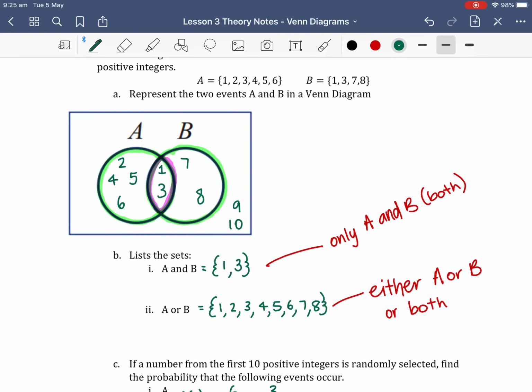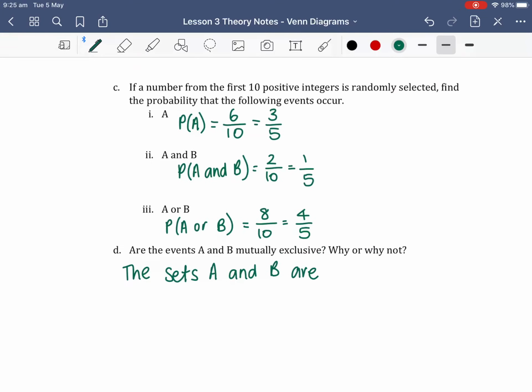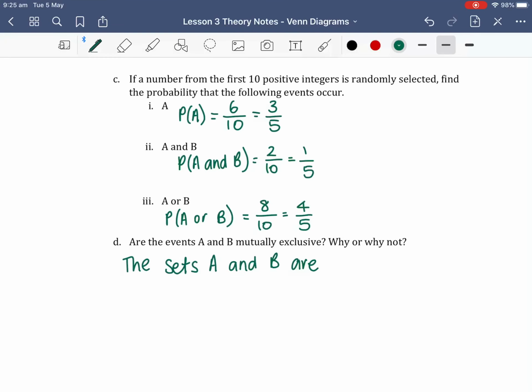So we have a look up, we can see that we have numbers in both A and B. So for the sets to be mutually exclusive, that would mean that they don't contain any of the same numbers, so that they're circles on their own and they have no overlap. But the set A and B contains at least one number the same, so they have the 3.